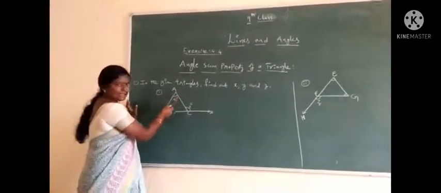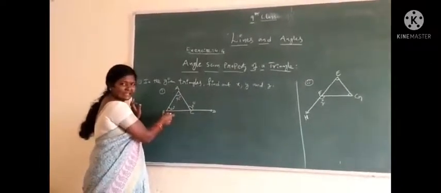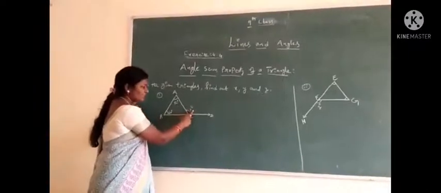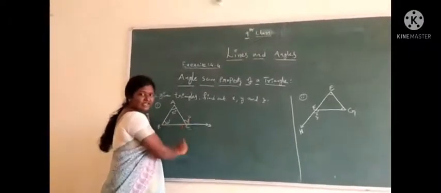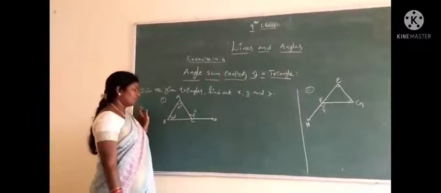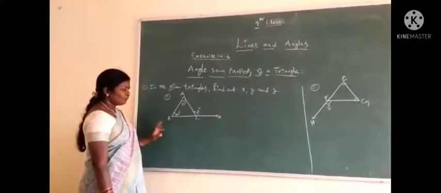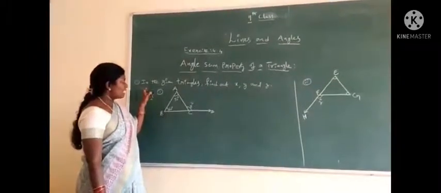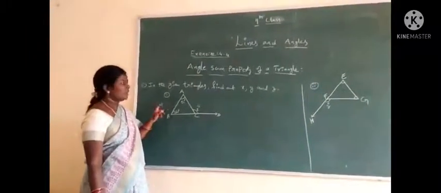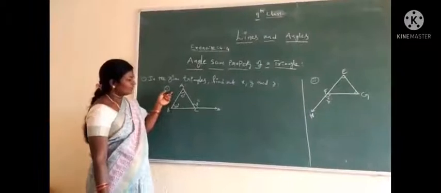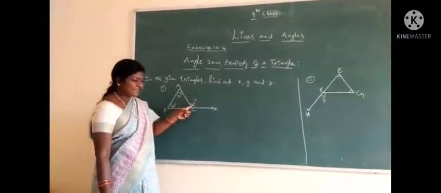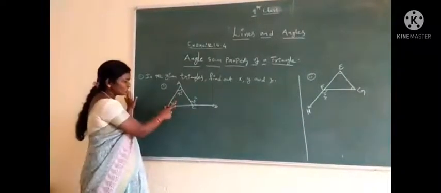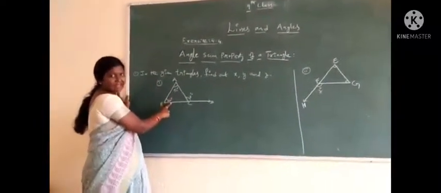These two angles are interior angles and x degree angle is exterior angle. So we know the angle sum property: in a triangle, an exterior angle is equal to the sum of its interior angles.